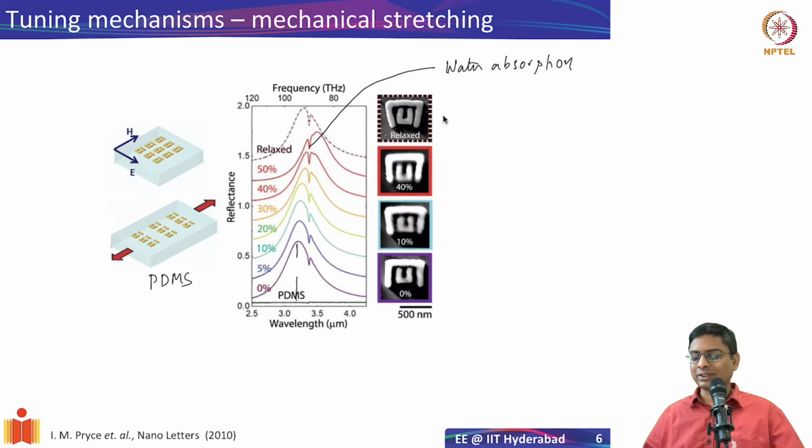There is a lot of water absorption there, and because of that you see a very sharp dip. So this is a standard thing. We can ignore this safely for our purposes. The overall peak is this; that is the resonance we are talking about. The sharp peak we can ignore for the moment. All right. So this is the third mechanism that I want to show you.